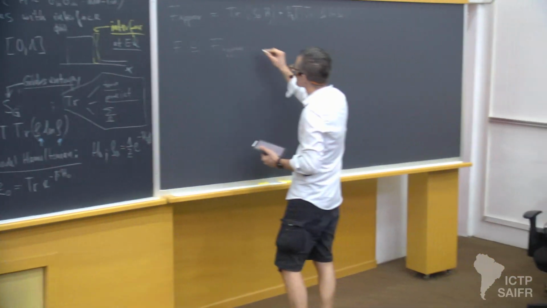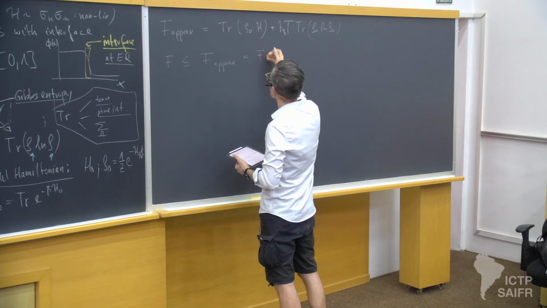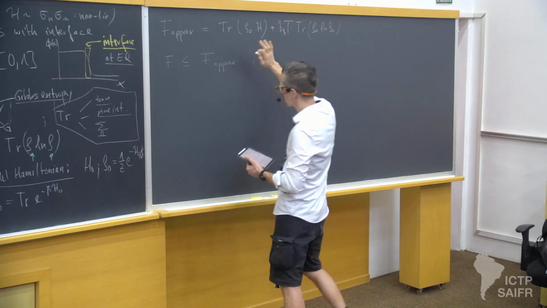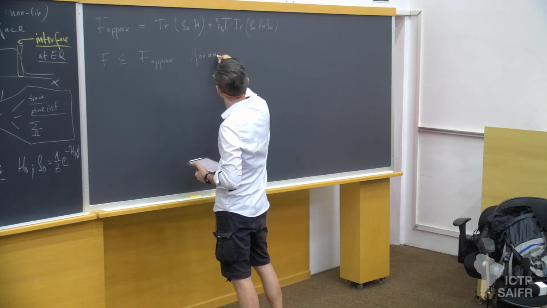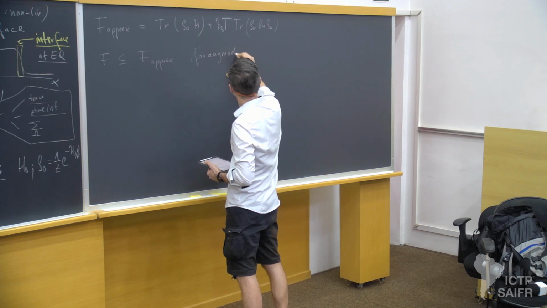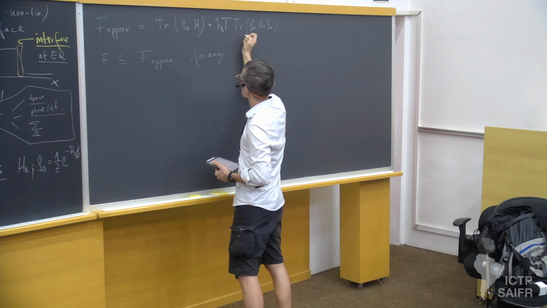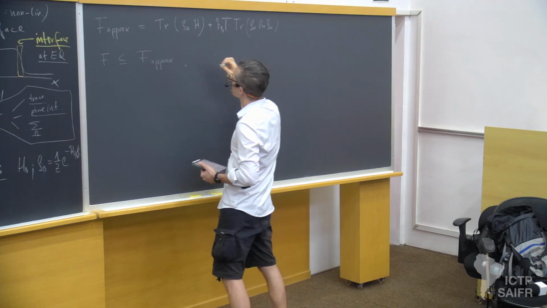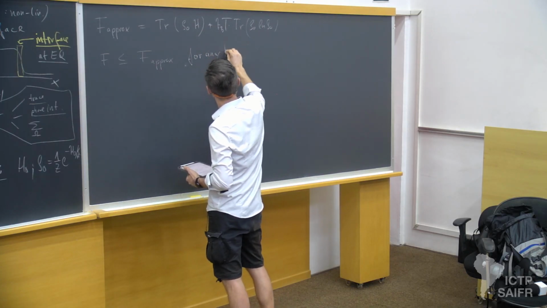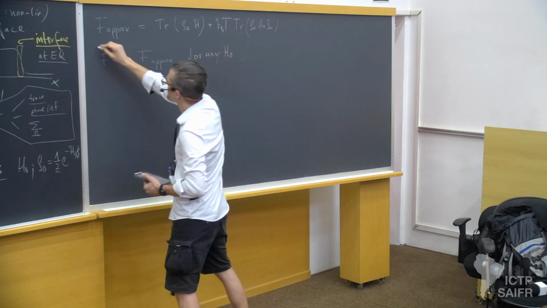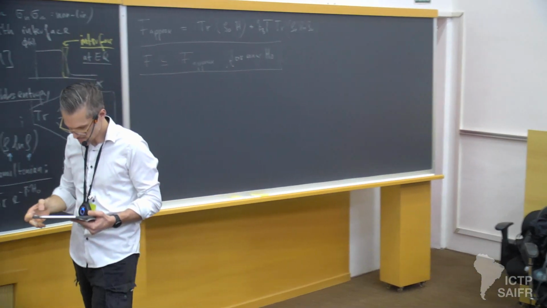For any model Hamiltonian, you understand that the true free energy is always smaller.